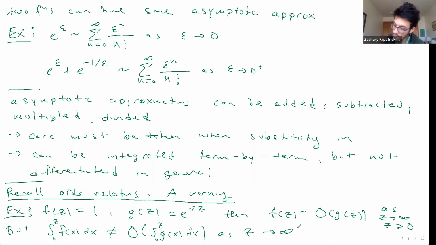The problem is that this integral is going to blow up, and this integral is going to stay finite in this case. The way to fix this is just to take magnitudes.